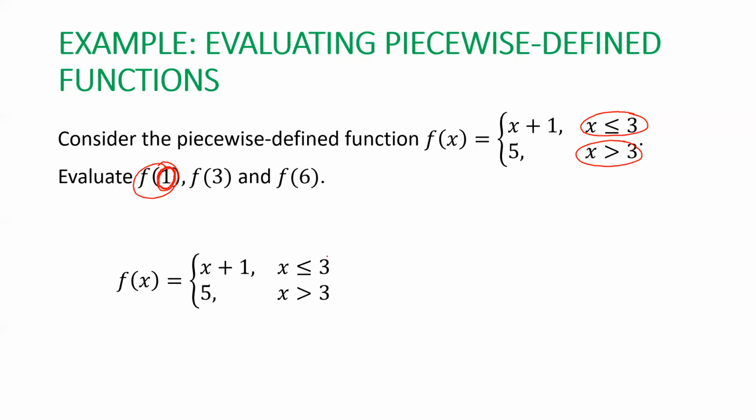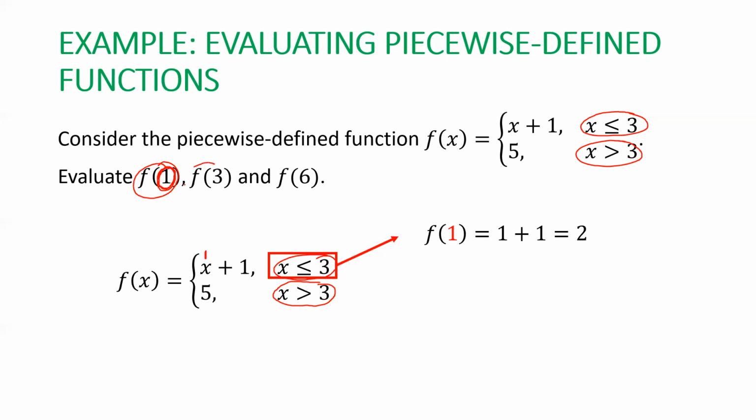Is x equals 1 in this interval, or is x equals 1 in this interval? Since 1 is definitely less than 3, we're going to use the first subfunction for f of 1. So we substitute 1 here, and then we get f of 1 equals 1 plus 1, which is 2.